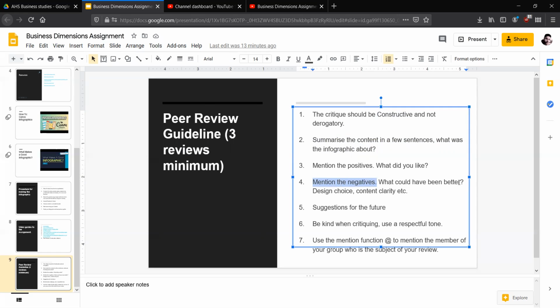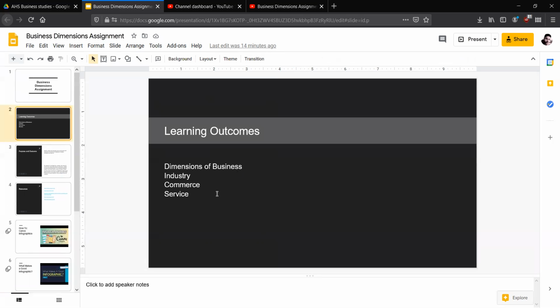After that, mention the negatives. What could have been better? Okay, so maybe the design choice, maybe the images they used were not of a good quality, maybe the images were too cluttered, maybe it was too much text and not enough images, maybe the font they used was not clear, maybe the content was very hard to understand, or maybe they did not follow the instructions, they did not meet the demands of industry commerce service ILOs.